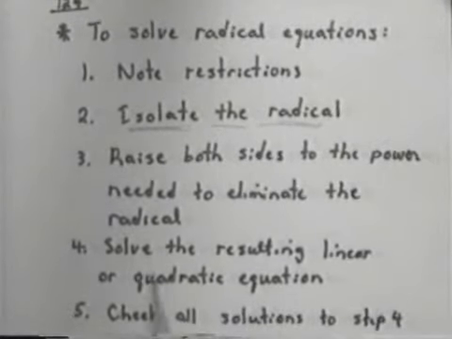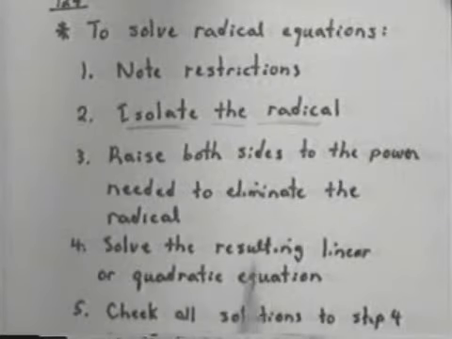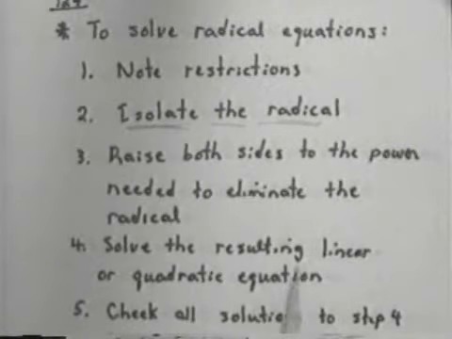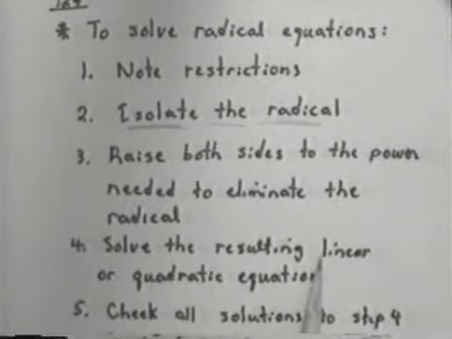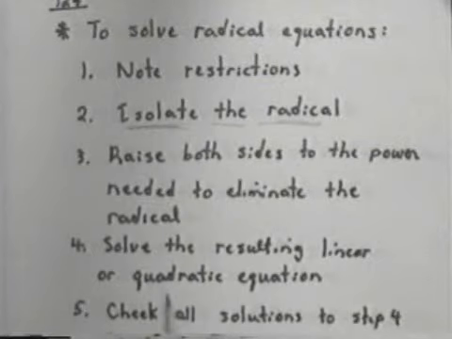Now once you eliminate the radical, then you simply solve the resulting linear or quadratic equation. Just use the normal means. To solve a linear equation, you want to get the x or the variable by itself. To solve a quadratic equation, you want to put it in standard form and then try to factor.